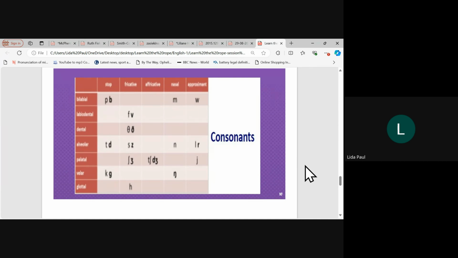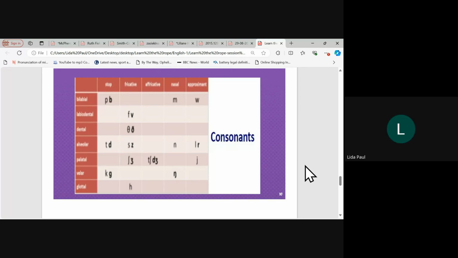But look at this. This is the consonant chart, right? This only has the consonant sounds that you can identify in the English language. So how many consonants? You had 12 monophthongs, you had 8 diphthongs. And how many consonant sounds? 24, right?